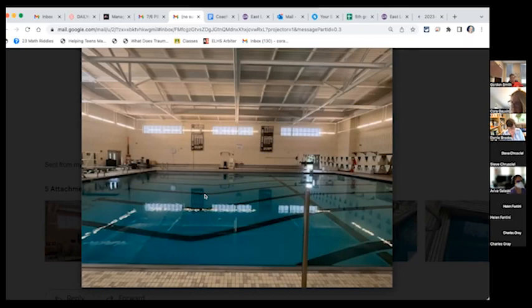Great. Okay, and yes, we've already positioned the lifeguard at the side, very similar to this layout. Put the lifeguard across, so they're watching towards the bleachers and watching the side of the diving. Okay, great.